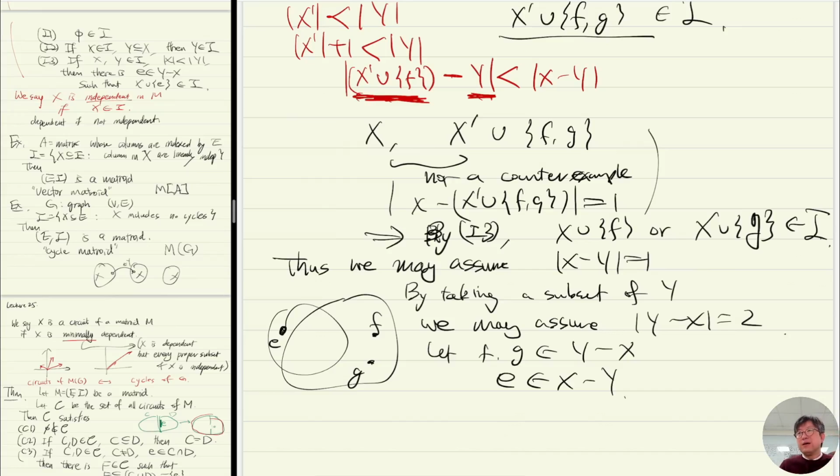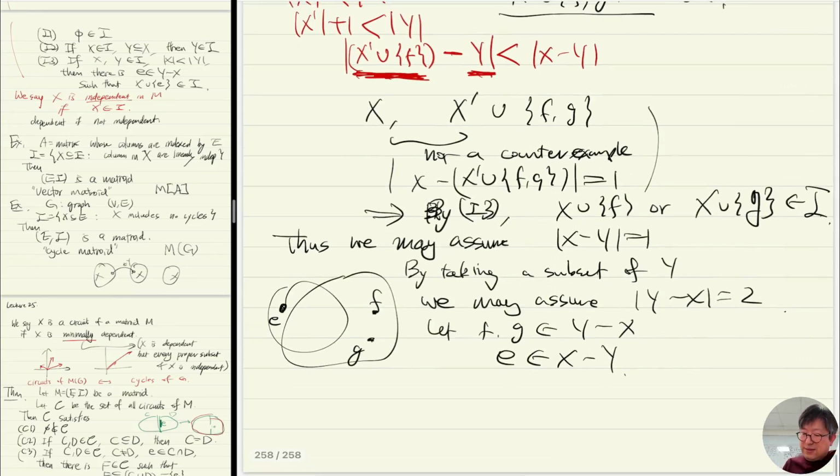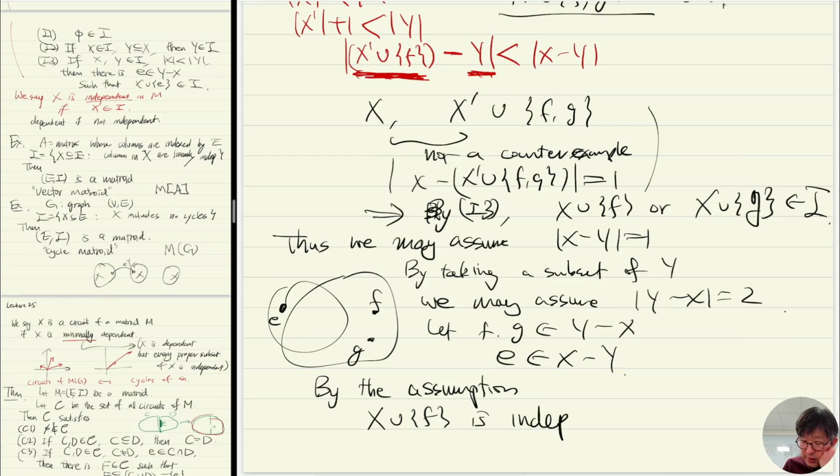Okay, now let's look at the circuits. By the assumption, X union F is independent and X union G, no, it's dependent.